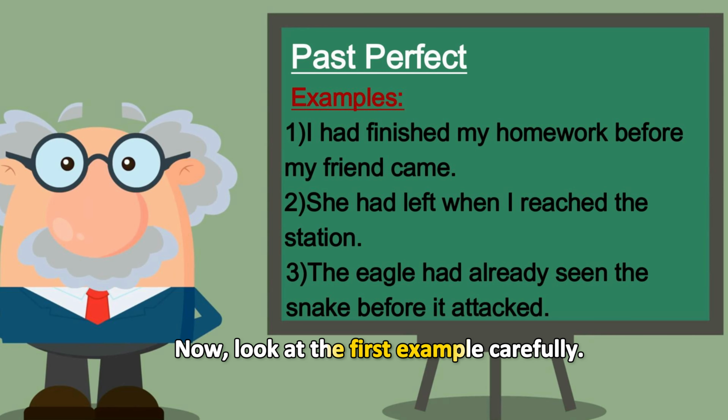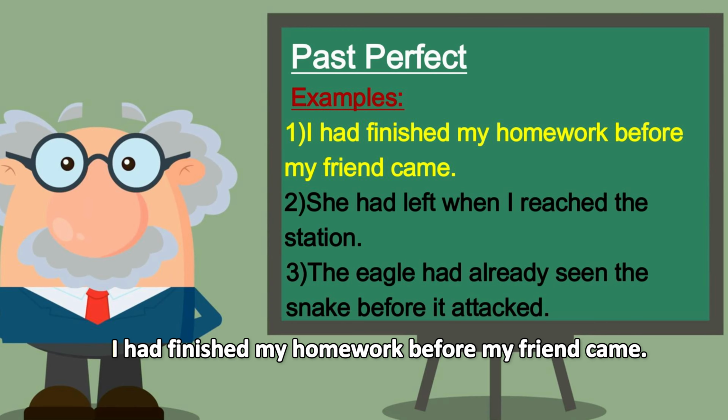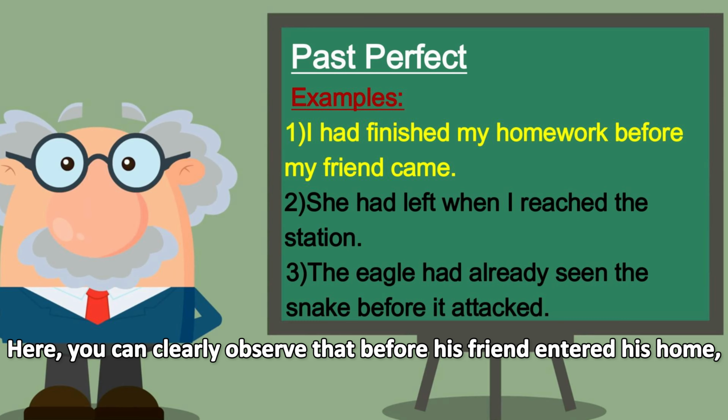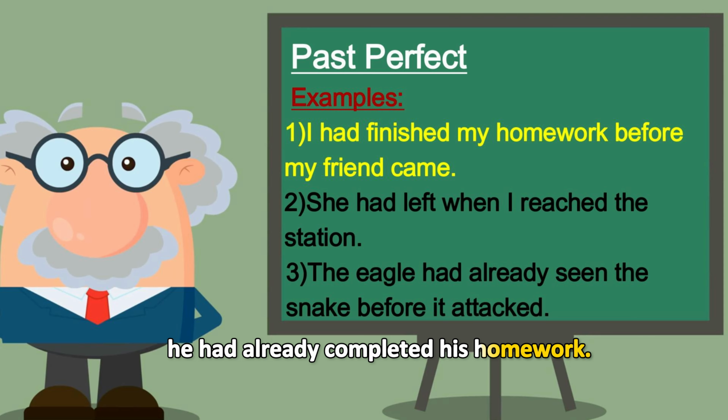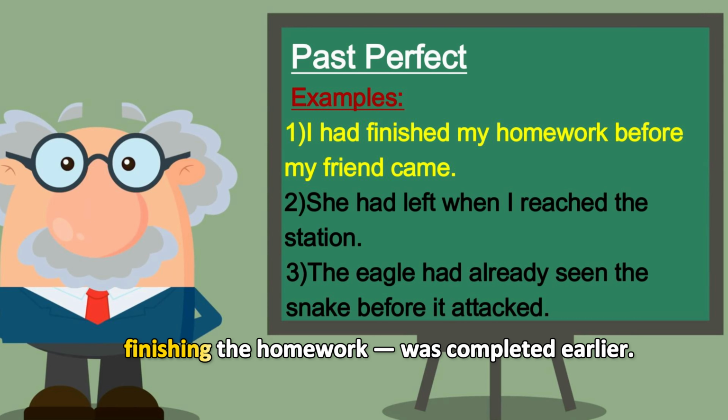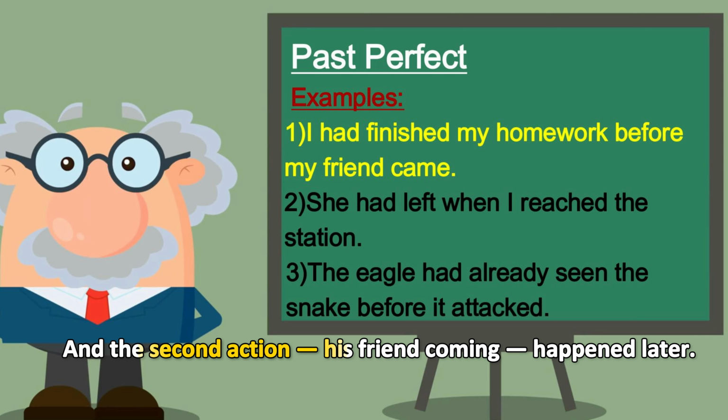Now look at the first example carefully. I had finished my homework before my friend came. Here you can clearly observe that before his friend entered his home, he had already completed his homework. That means the first action, finishing the homework, was completed earlier, and the second action, his friend coming, happened later.